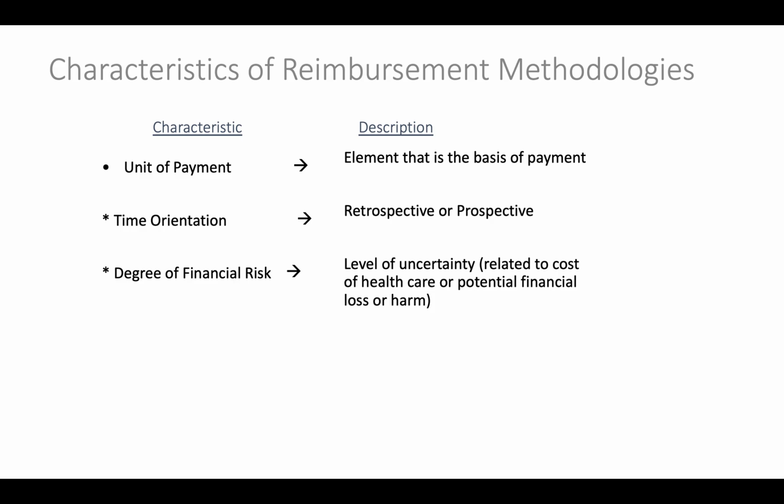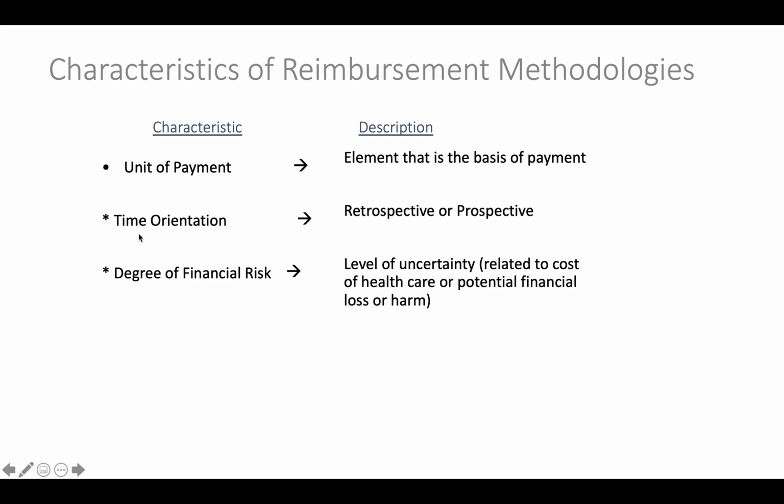In this admission, the patient has many blood tests, some imaging, operations done, OR time, might need ICU care, hospital admission, etc. But I don't get paid for each of the services. I get paid for the entire package. So this is the first characteristic. We will discuss these types of reimbursement in more detail.